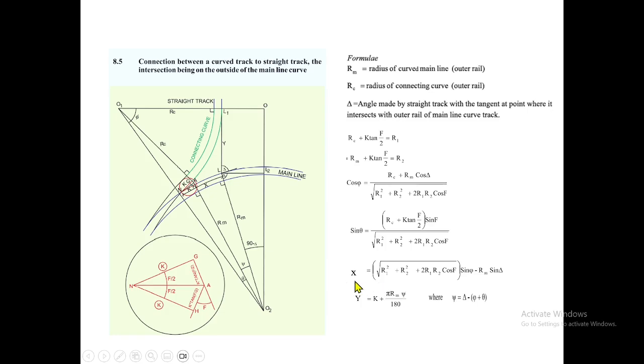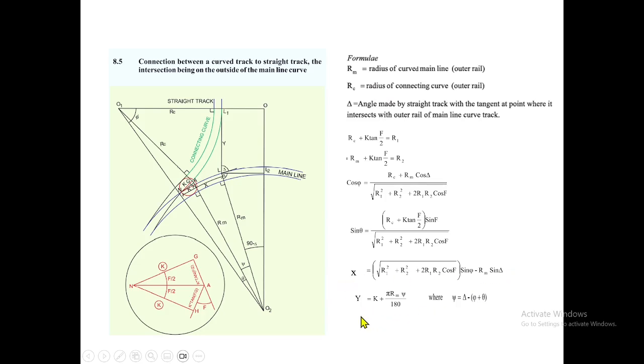Up to that point, this is x, and we are finding out this x using this relation: square root of R1 squared plus R2 squared plus 2 R1 R2 cos phi, where phi we are finding out using the relation, minus Rm sine delta, which we are already measuring. This is input data. Using the relation, we are able to get the x distance.